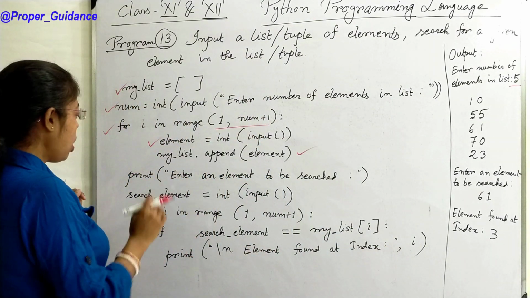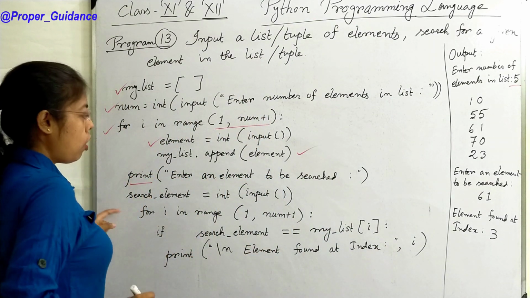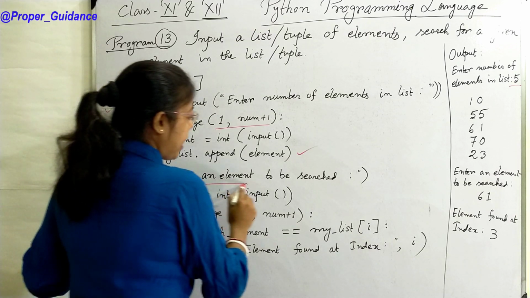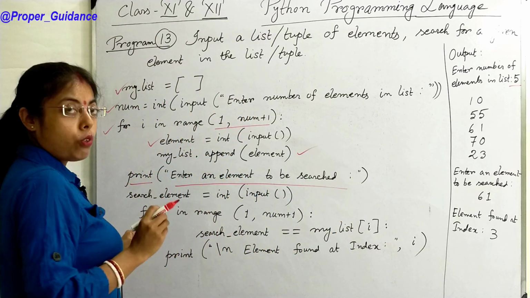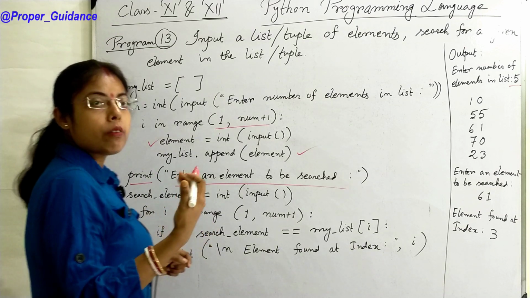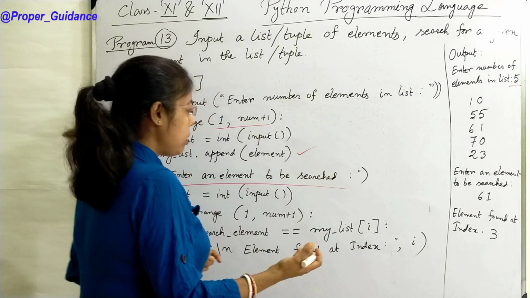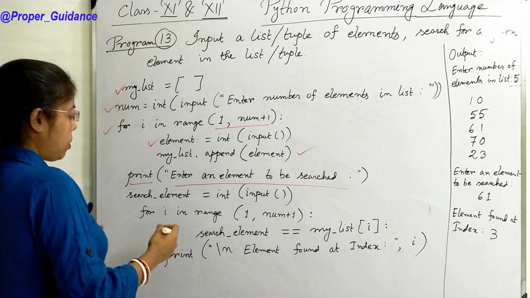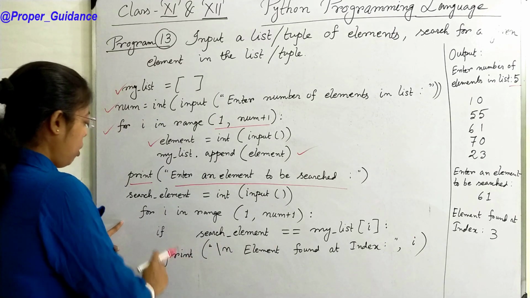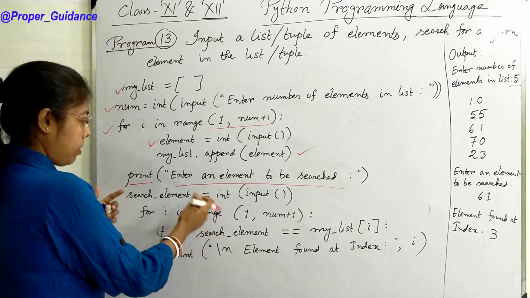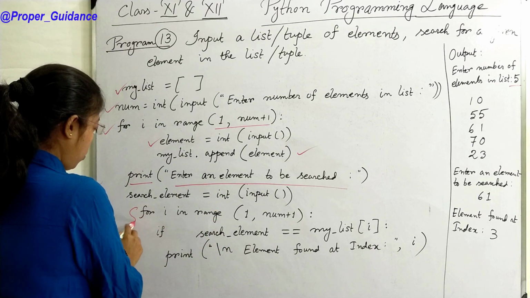Okay. After that, we will print something. What will we print? Enter an element to be searched. And thereafter, we also use an input method because we have to give that particular number or integer to be searched in the given list. So search element equals int input. Okay. For i in range, again we use a for loop here.